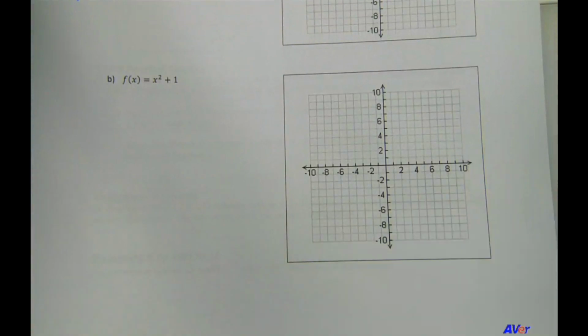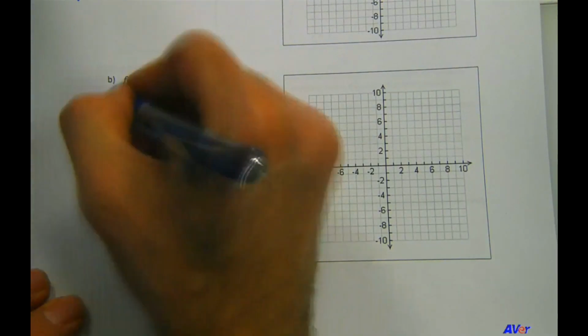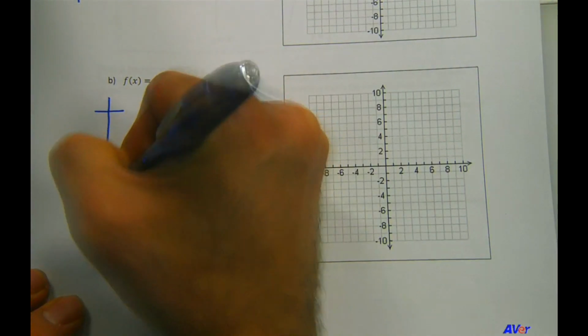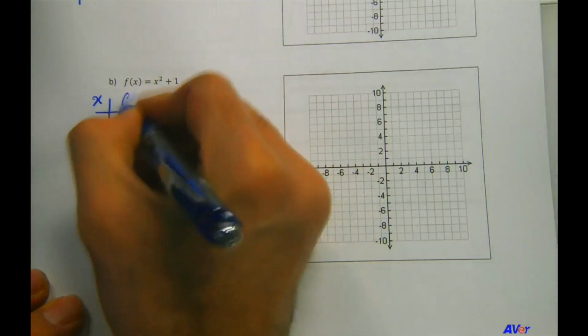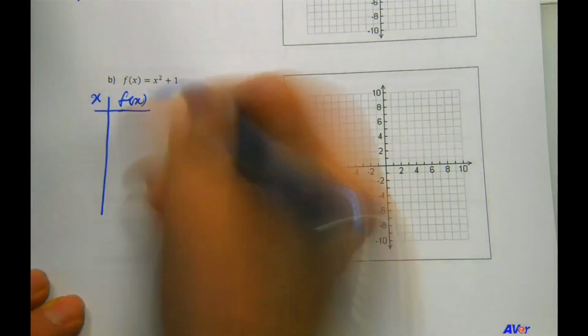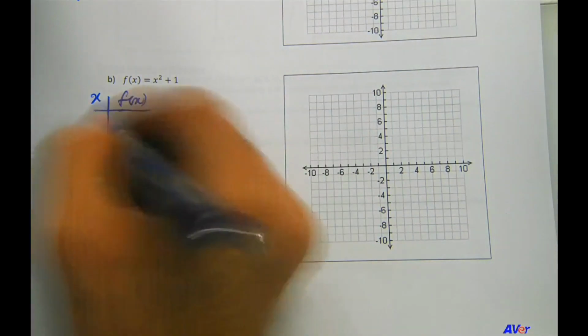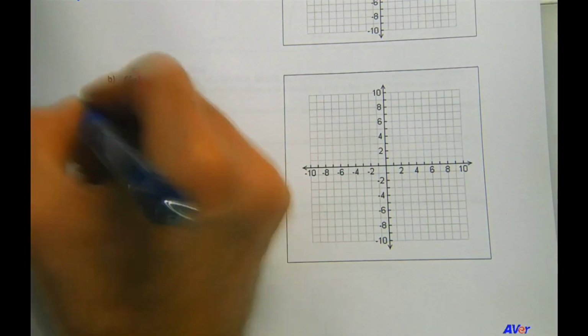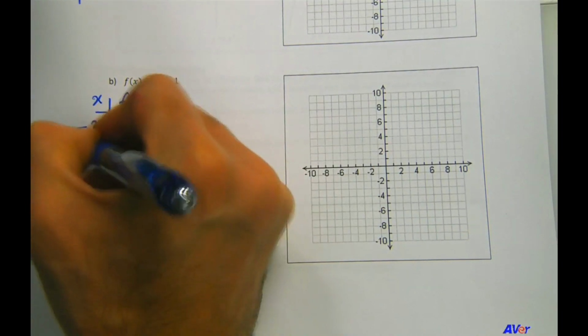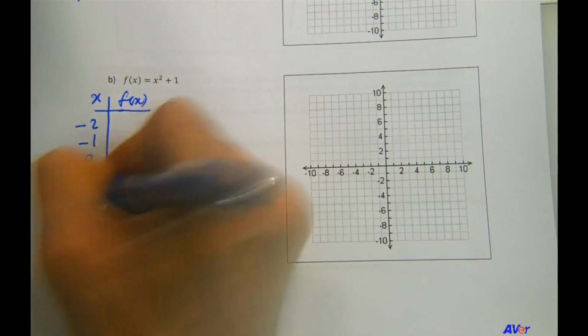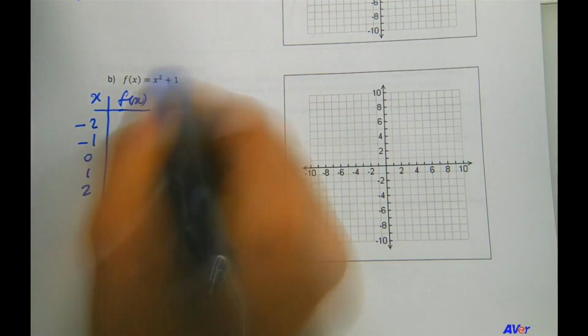This one, once again, we pick easy numbers. x and f of x. This is what the table of values will look like. I'm going to pick negative 2, negative 1, 0, 1, and 2. That should give us enough points to graph this.